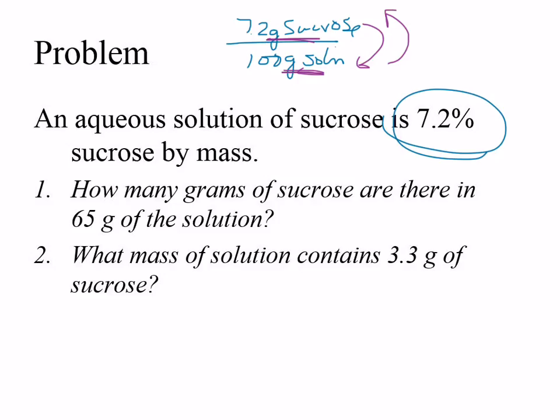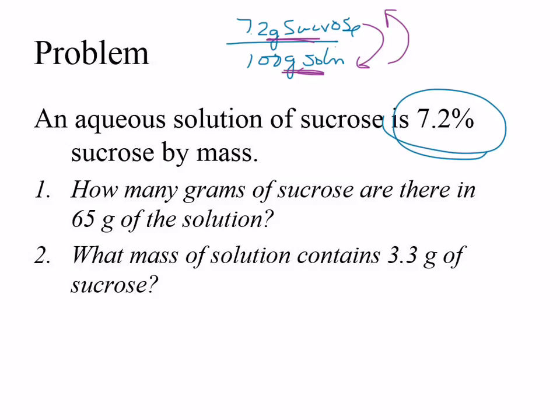So you can kind of see how you can use that. The first one: how many grams of sucrose are there in 65 grams of solution? When I work this first one, my first term is going to be 65 grams of solution over 1. The second problem is what mass of solution contains 3.3 grams of sucrose. When I work the second problem, my first term is going to be 3.3 grams of sucrose.